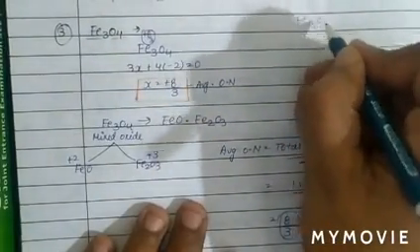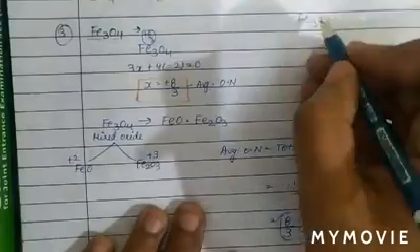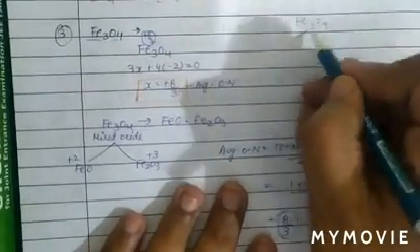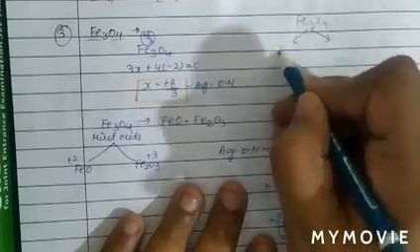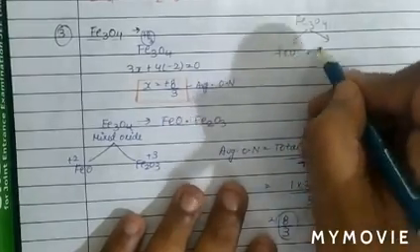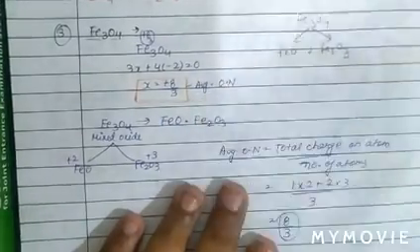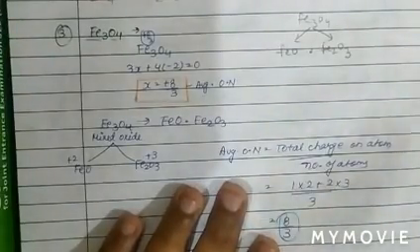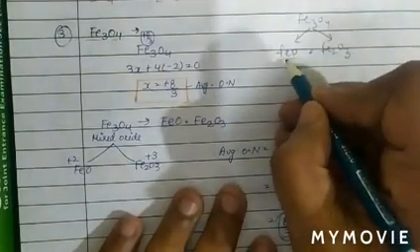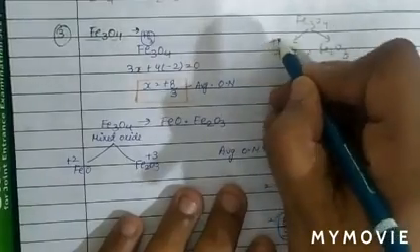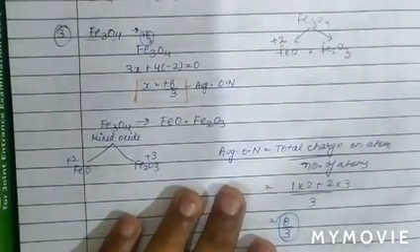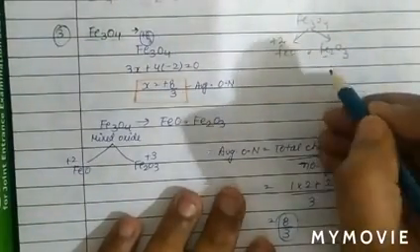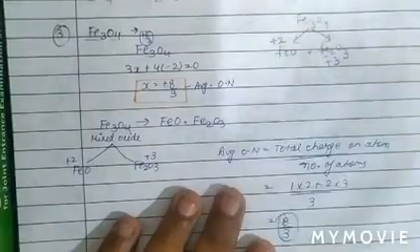Fe3O4 is a mixed oxide of FeO and Fe2O3, and we can see that the oxidation state of iron in FeO is +2 and the oxidation state of iron in Fe2O3 is +3.